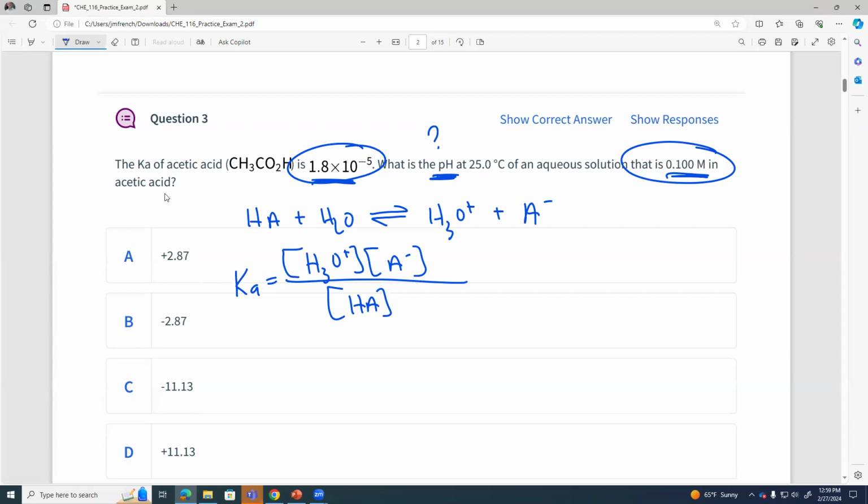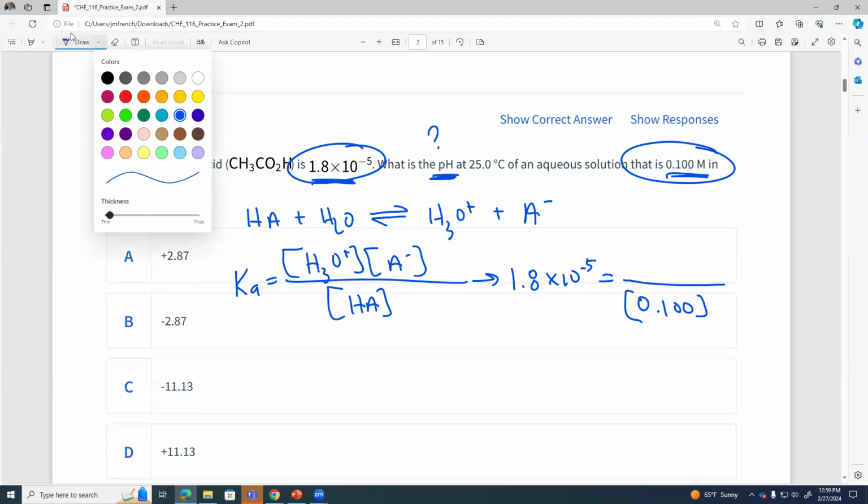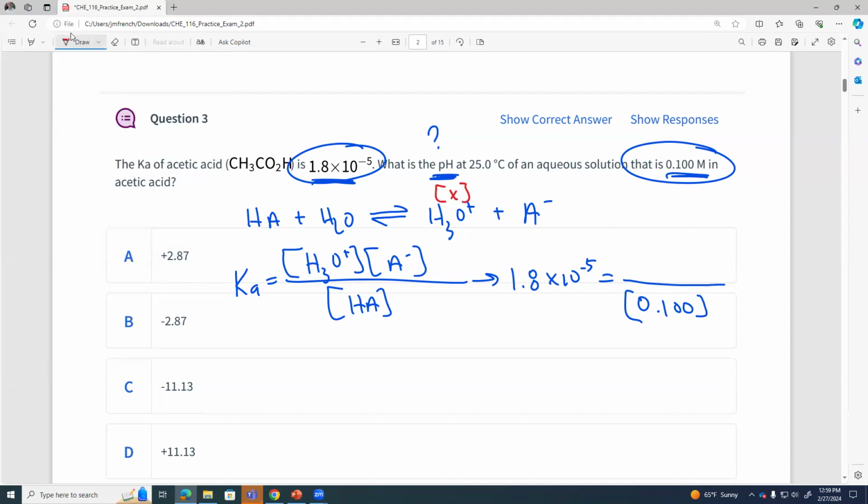So we know Ka, we know concentration, right? 1.8 times 10 to the minus 5. 1 is our concentration of our acid. We don't know the hydronium. We don't know the conjugate base, but they are the same, right? They're going to be formed in the same ratio.